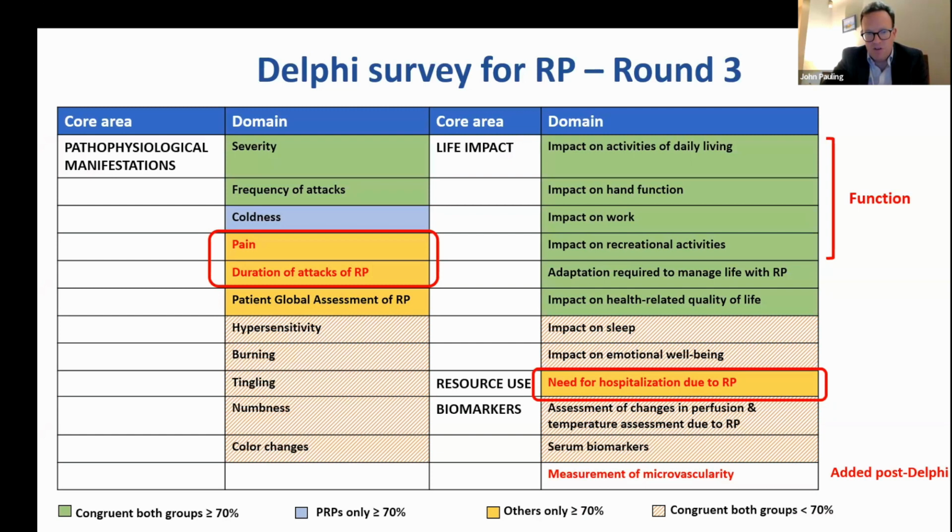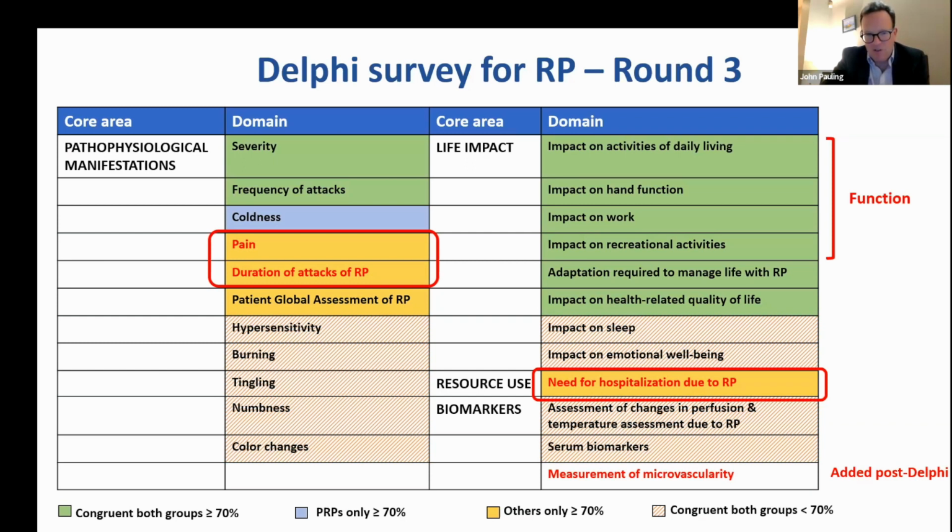But there are definitely some patients with scleroderma where pain doesn't seem to be so much of an issue. And I think that's why clinicians and investigators rated pain highly, whereas it didn't actually reach the 70% threshold across all of the patients. And then it does seem that some of the patients have these other sensory symptoms. So it's not necessarily painful, but they get hypersensitivity and burning.